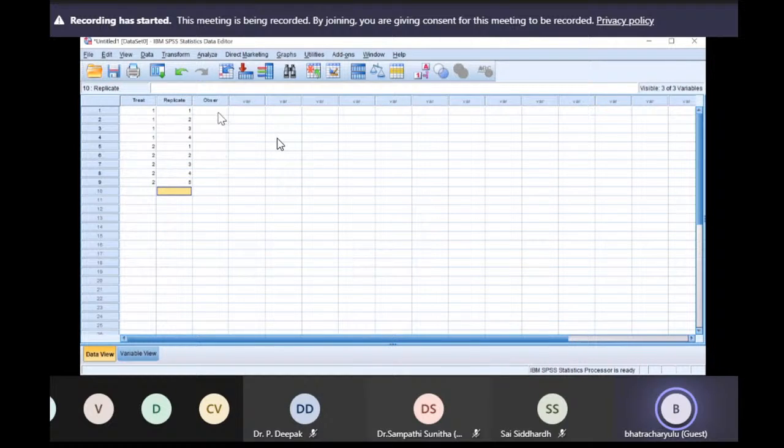And the third treatment, 3, you write 3 times, with replications 1, 2, 3.